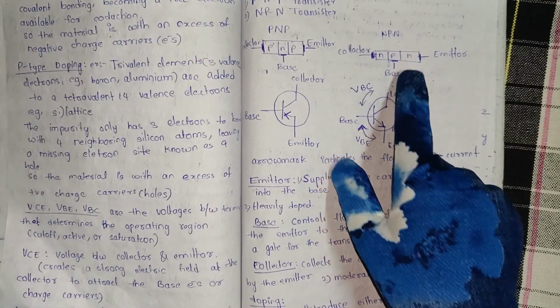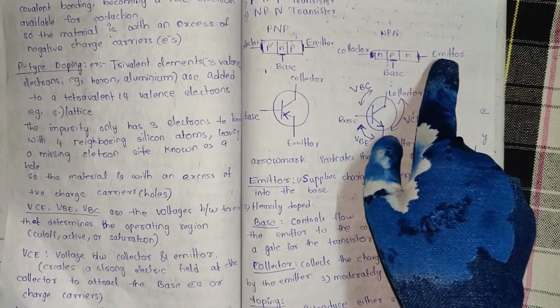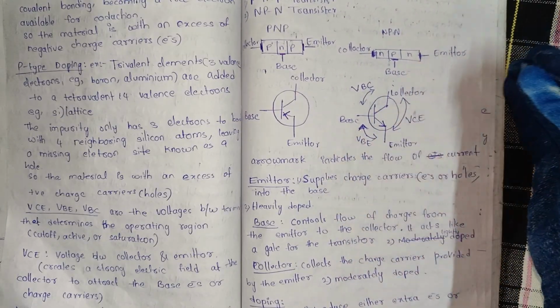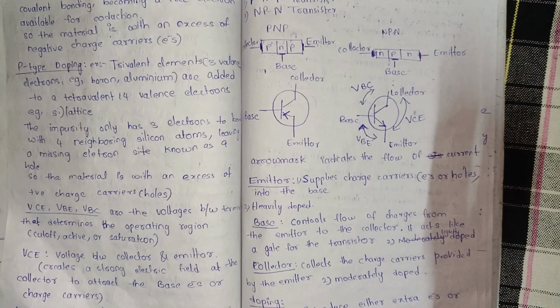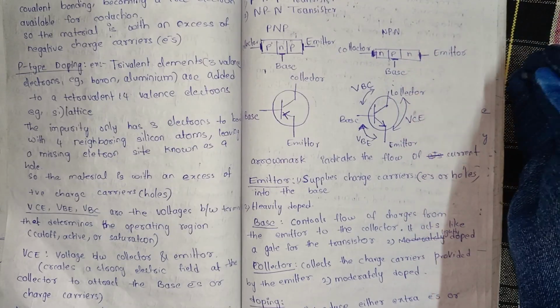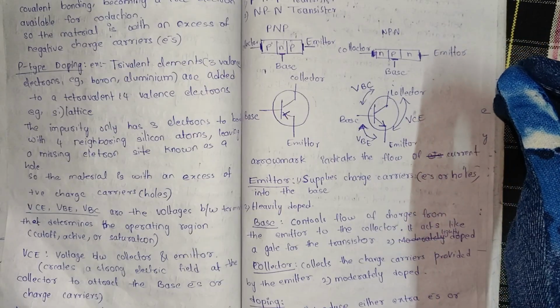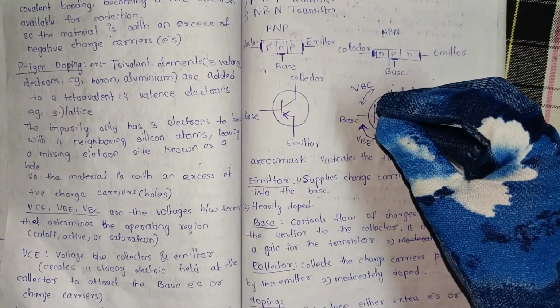Means the emitter is of n type, so it is heavily doped. Means the more amount of extra electrons are added to the emitter. Okay, so that it supplies maximum charge carriers to the base.